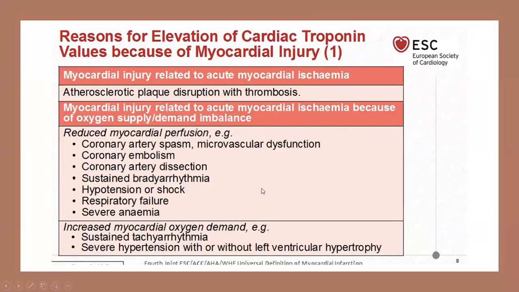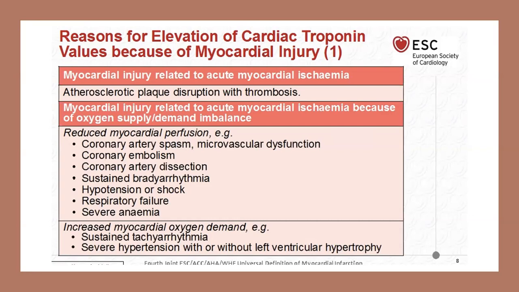So once we've done our cardiac troponin levels, we need to know firstly, what is our differential? What are we suspecting? Is it a myocardial injury related to acute myocardial ischemia, or is there something else that can cause an increase in your cardiac troponins? Commonly, the myocardial injury related to acute myocardial ischemia is where you have atherosclerotic plaque disruption with thrombosis. You can also have it because of an oxygen supply-demand imbalance.